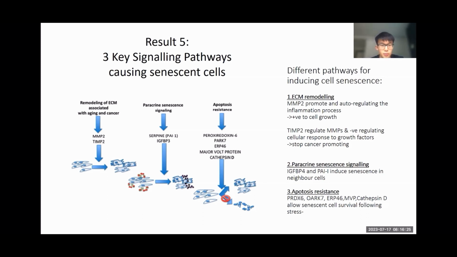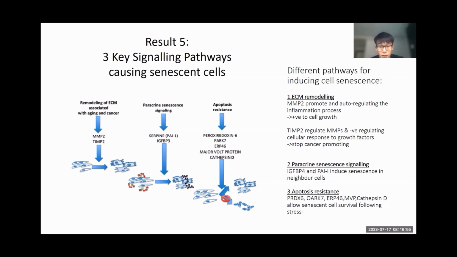The second one is the pyrosine senescence signaling, with PAI1 and insulin binding growth factor protein 3, or yeah, I typed it wrong, it should be P3. This basically causes the senescent cell to implode into all the cells and causes its neighboring cells to become senescent, and other types of senescence.